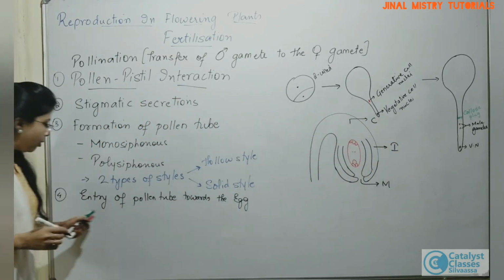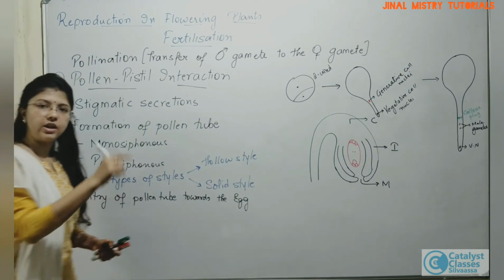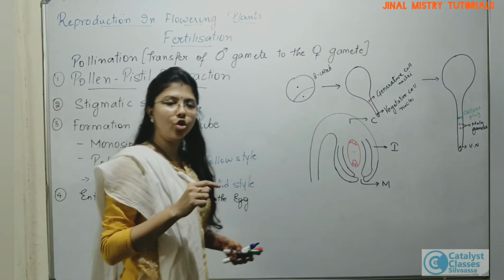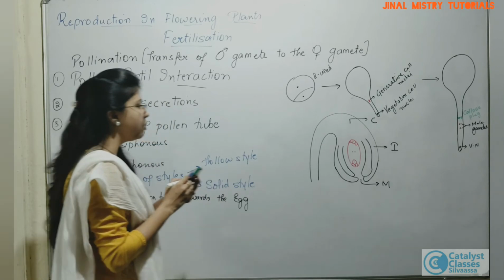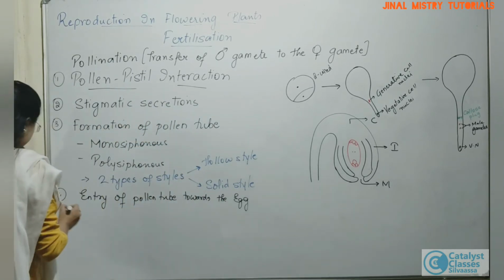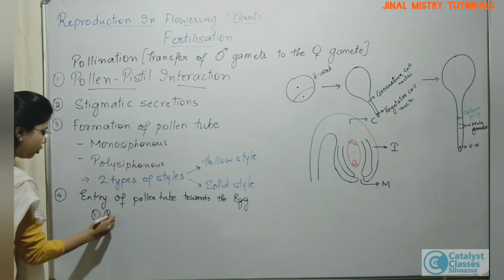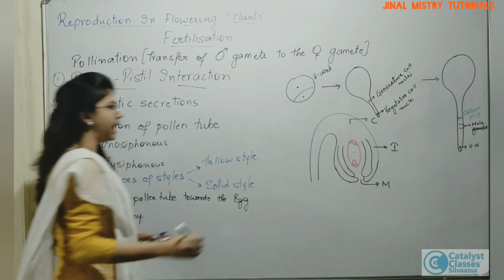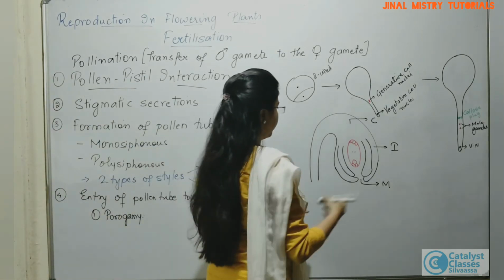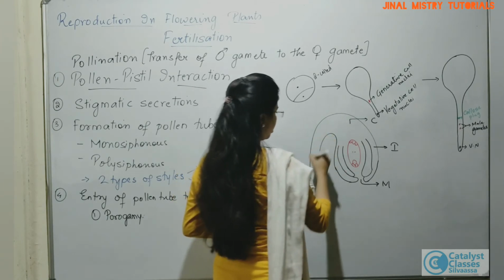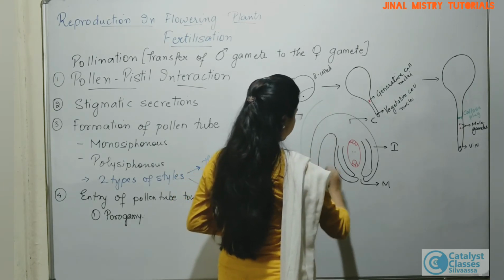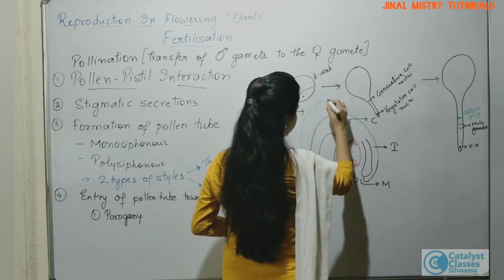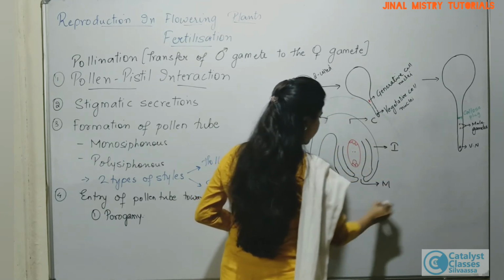Depending upon from where the pollen tube is entering inside the integument region or towards the egg, there can be three different modes of entry. One is called porogamy. Porogamy means that, if the pollen tube, right, this is the placenta through which it is attached, so here will be the ovary, the complete part of the ovary present.